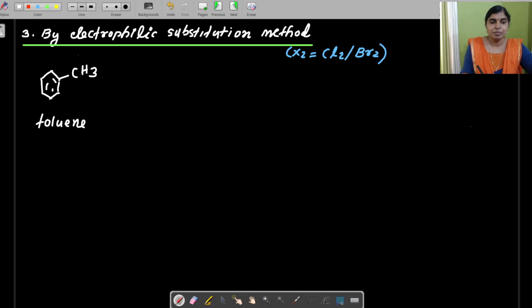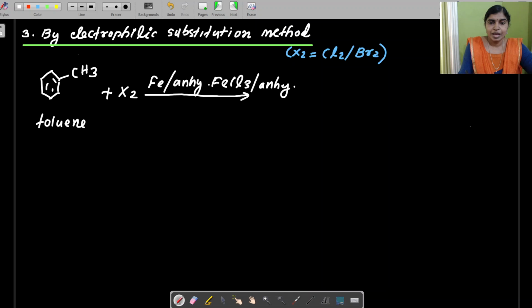So this is methyl benzene, or toluene, and when it reacts with halogen in presence of a catalyst like iron, or you can use anhydrous ferric chloride, or you can use anhydrous aluminum chloride, all are catalysts, and in the absence of light, that means in the dark, you will get a product.